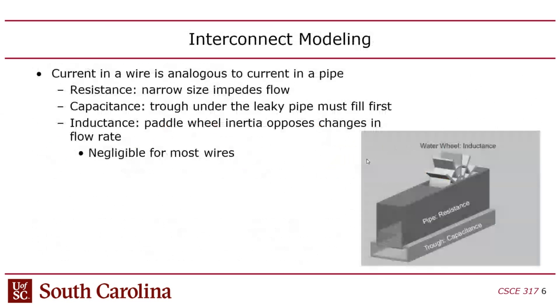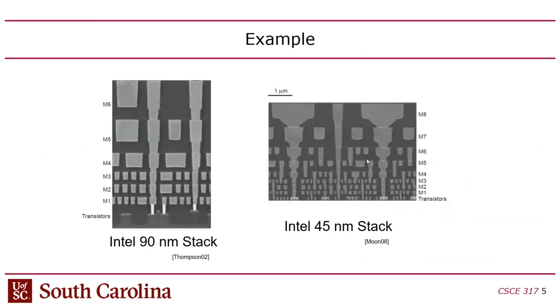Chips typically have 6 to 8 layers of metal, and you might ask, why do you need so many? Well, as architectures become more complex, they require a higher level of interconnectivity, and the level of interconnectivity drives the number of metal layers you need in order to connect everything.